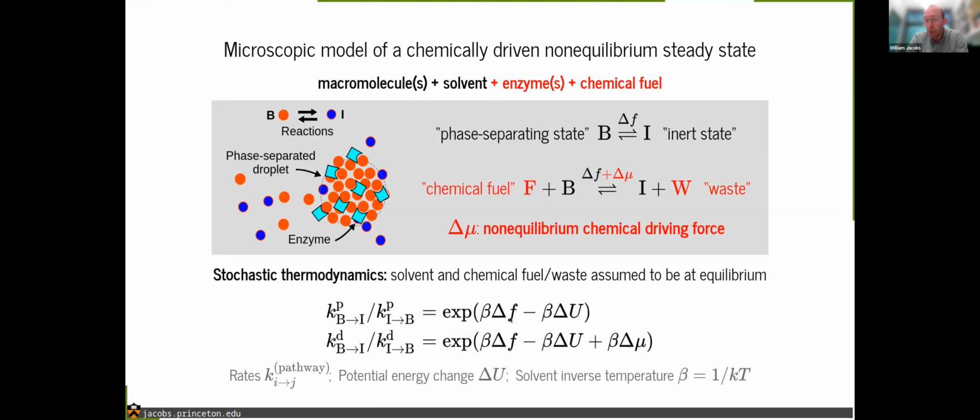One depends only on the internal energy difference and what else is interacting with these molecules, represented by this potential energy U. But the driven pathway also has this contribution from the chemical drive.